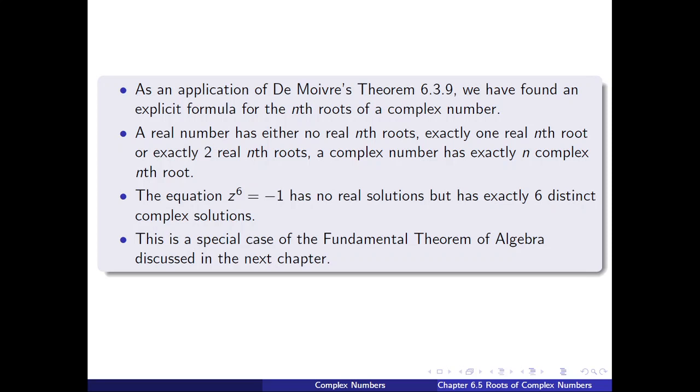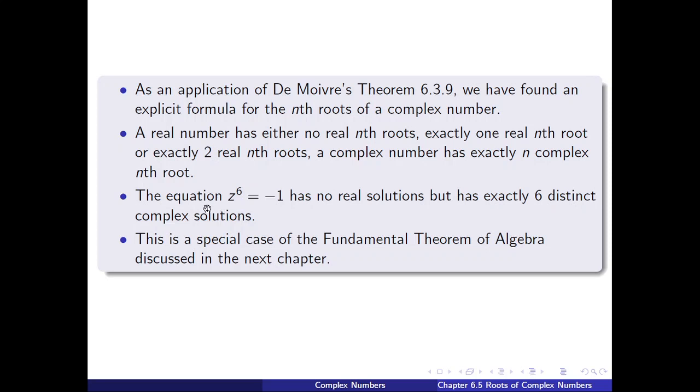So we are comparing a real number and a complex number. For a real number, we have got 3 cases, but in the case of complex numbers, we are going to have exactly n complex nth roots.